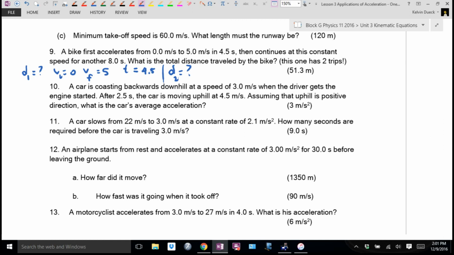Okay. The second trip. Here is another physics word you want to look out for. In fact, it's important enough, I'm going to highlight it with a highlighter. Can you read to me that phrase? What does constant speed mean, folks? A equals 0.